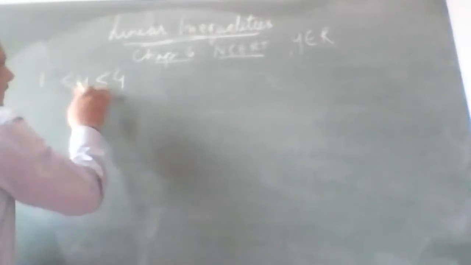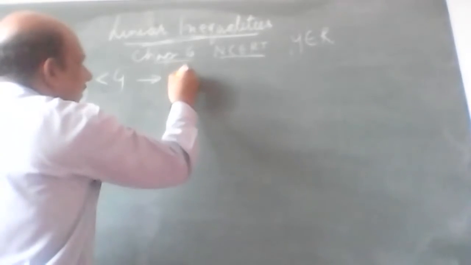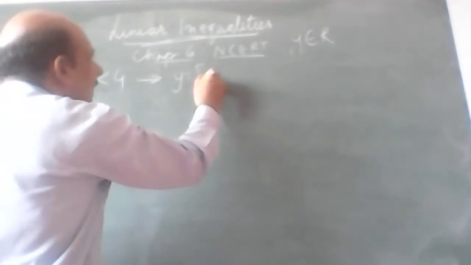For example, let us start with the strict inequality. y lies between 1 and 4, and y belongs to natural numbers. What is its solution set? Because of natural numbers, the value of y will be 2 and 3.